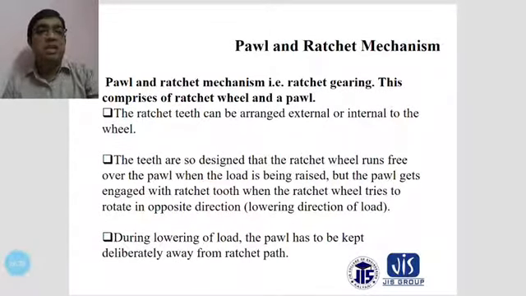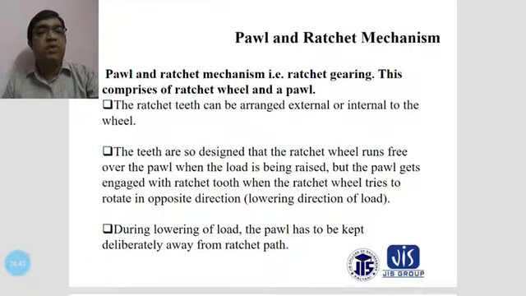The ratchet teeth can be arranged external or internal to the wheel, and the teeth are so designed that the ratchet wheel runs free over the pawl when the load is being raised, but the pawl gets engaged with a ratchet tooth when the ratchet wheel tries to rotate in the opposite direction. In the lowering direction of loads also, during the lowering of the load, the pawl has to be deliberately kept away from the ratchet path. And this is the pawl and ratchet mechanism.